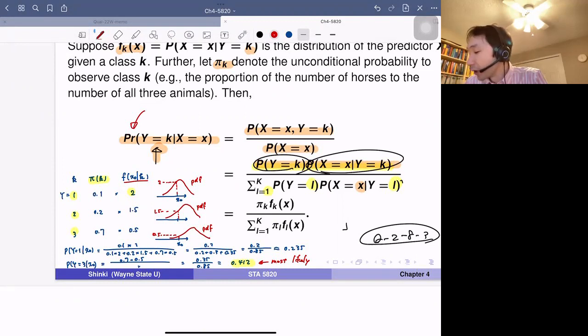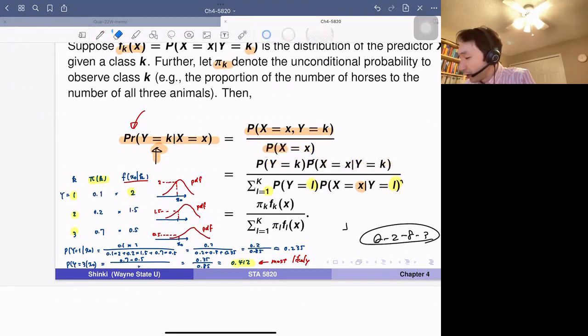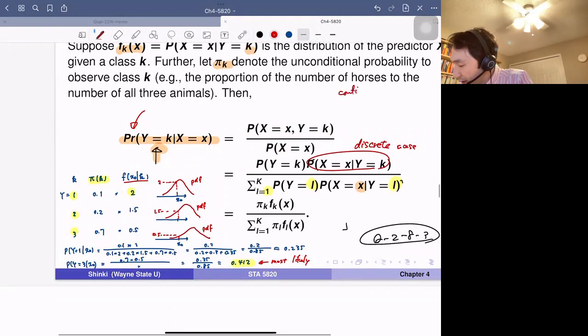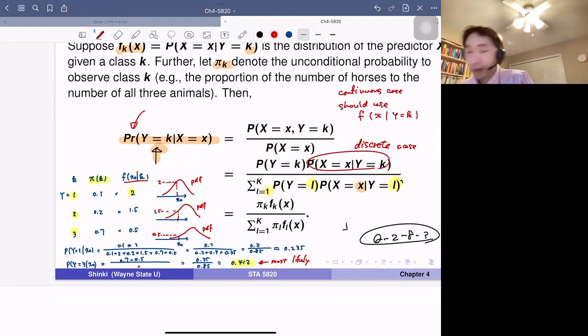For the continuous case, we should use the density function f of x given y. So for the continuous distribution, we cannot use the probability.